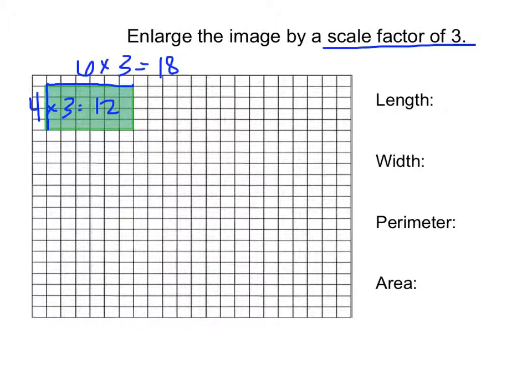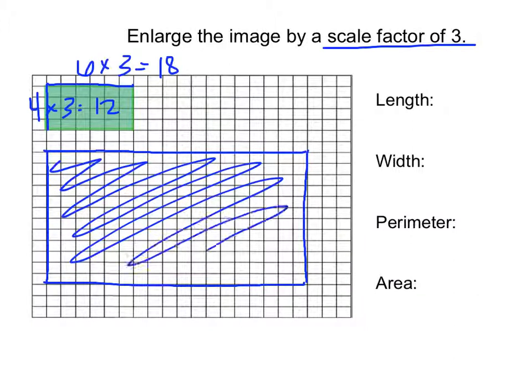So we need to have 18 across, 2, 4, 6, 8, 10, 12, 14, 16, 18, and 12 down. 2, 4, 6, 8, 10, 12. We're going to finish up our box. Because it is just a rectangle, we can just match corner to corner. And now this image in blue is our new enlarged scaled image.